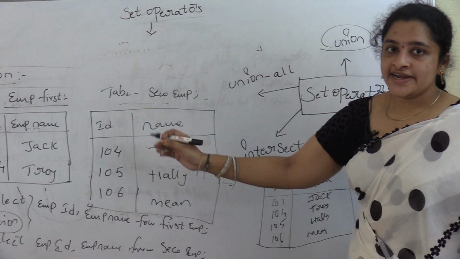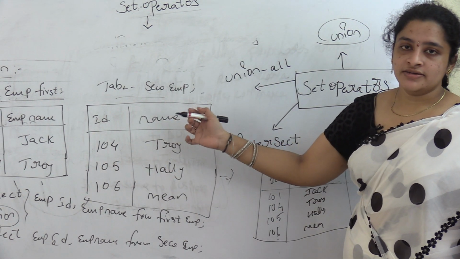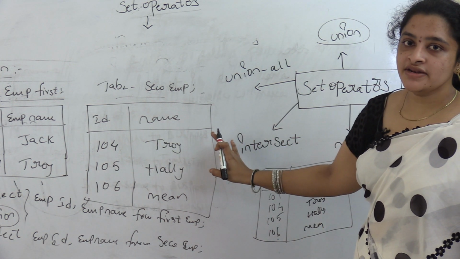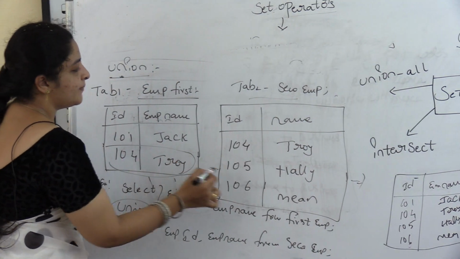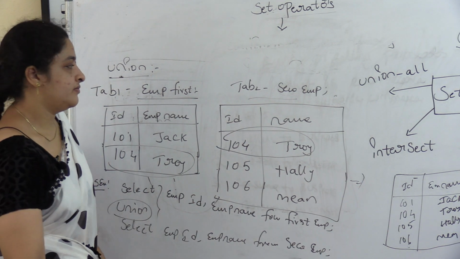In this union it eliminates the duplicate values in both queries. Let's see, 104 is repeated, so it takes only one row and eliminates the duplicate.